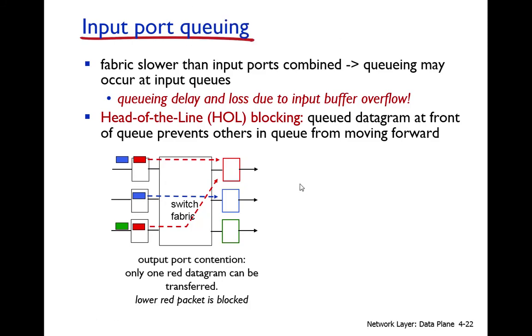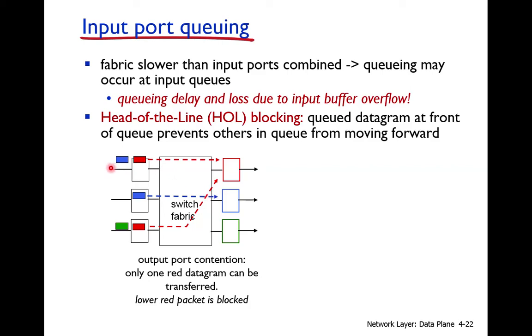Okay, after discussing switching fabrics, we are now moving to discuss what happens when the arrival rate of packets at an input port is higher than the rate at which packets are forwarded from the input port to the output port using switching fabrics.